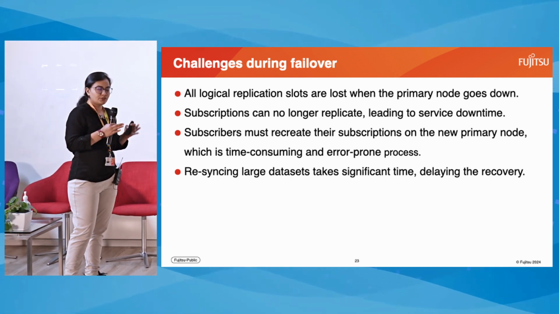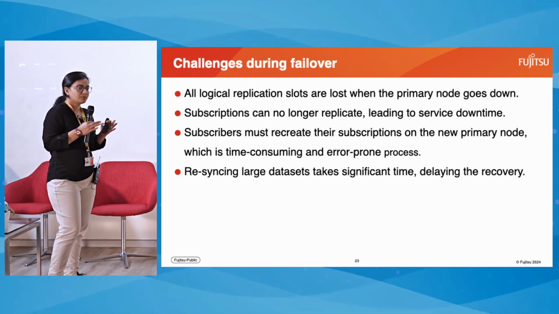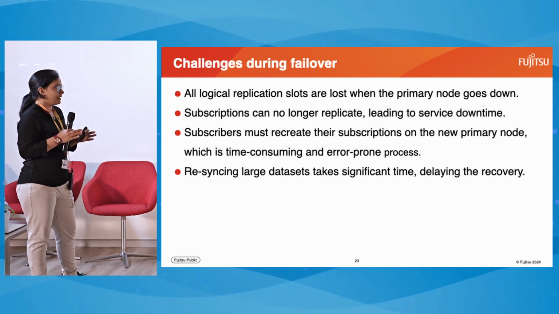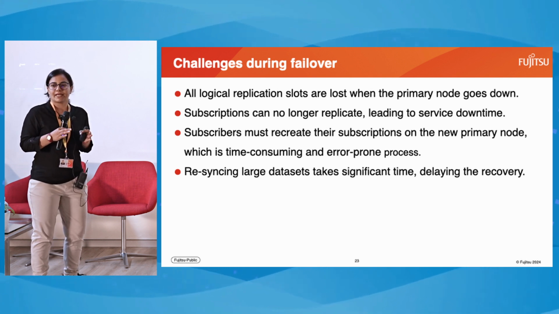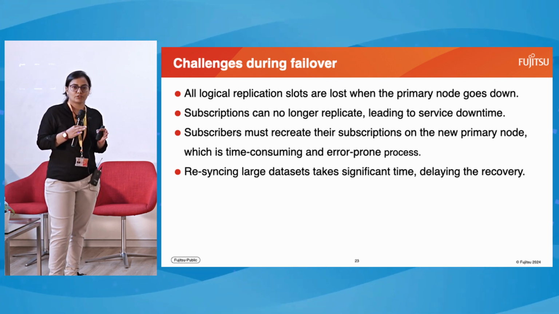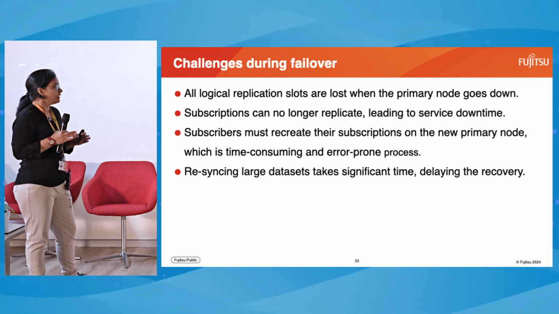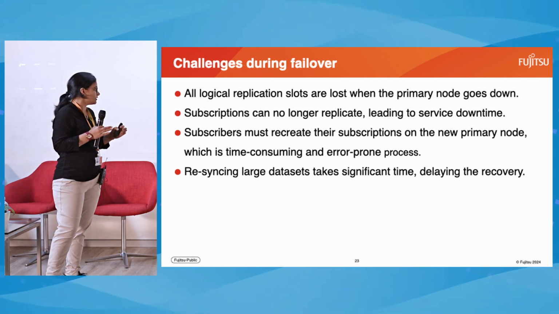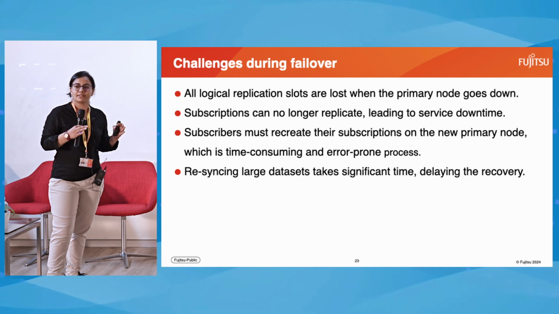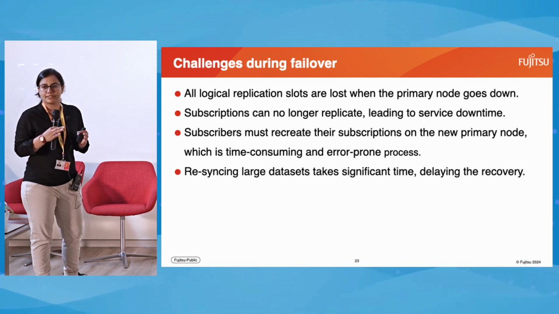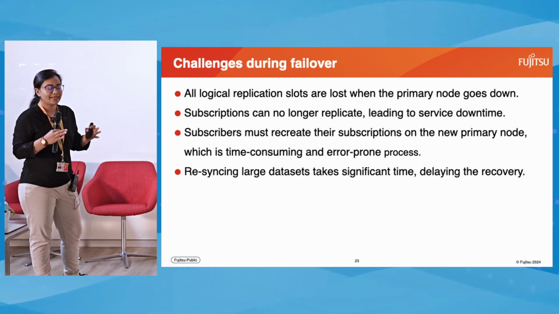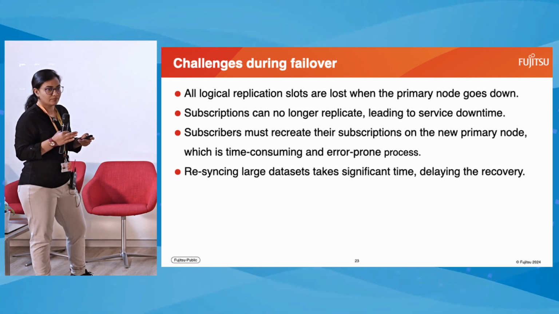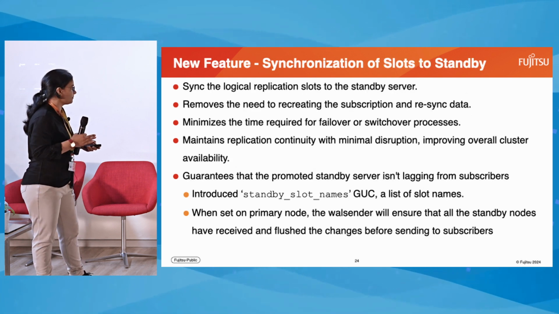To resume its logical replication, the subscriber has to recreate all those subscriptions, and that itself is a very time consuming and error prone process because it involves manual handling. And as Shlok already explained, this resyncing of a large data set uses the copy command internally. So this initial sync will again take a large amount of time when we re-establish this logical replication.